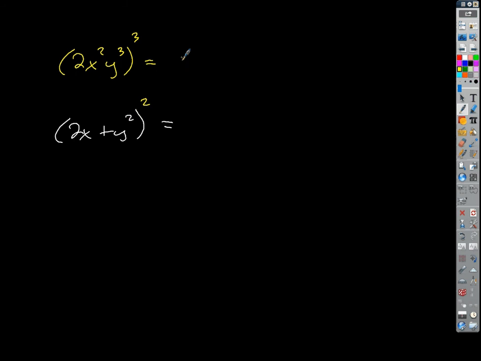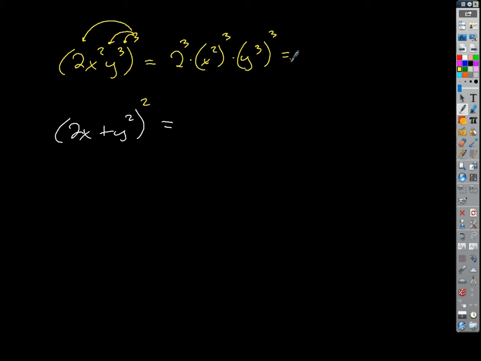If I have a product of a bunch of things being multiplied, and that whole product is being taken to a power, we have to distribute the power to each of the factors that's being multiplied. So this is the same thing as saying 2 cubed times x squared cubed times y cubed cubed.